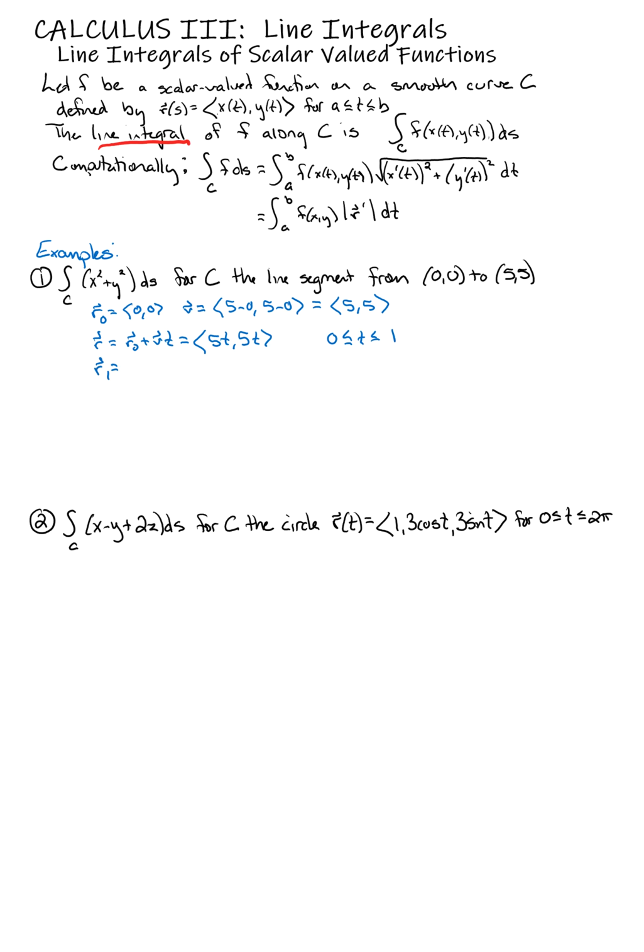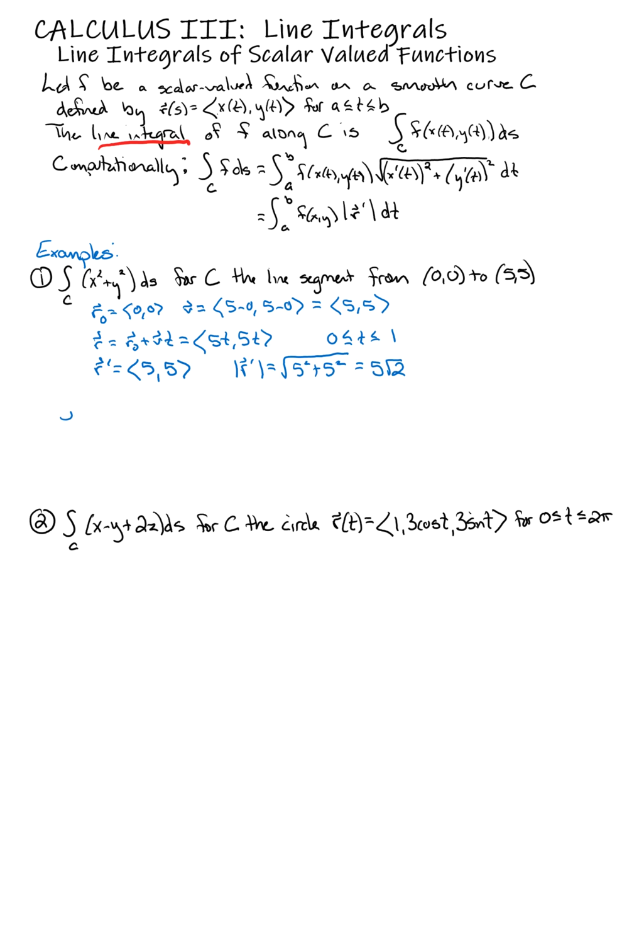Well, r prime is simply the derivative of each of those components, so it's simply 5, 5. And the magnitude of r prime is the square root of 5 squared plus 5 squared, which gives us 5 square root of 2.